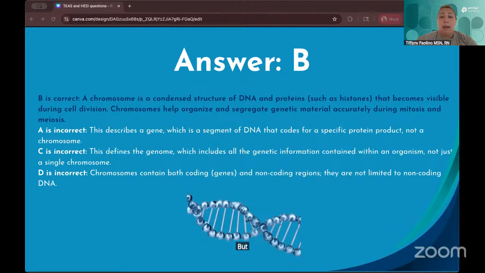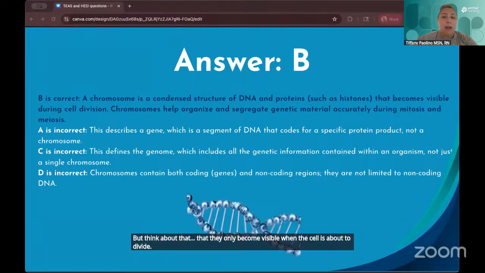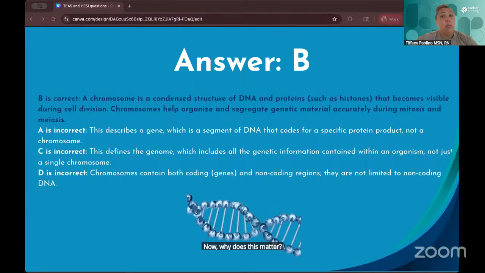But think about that they only become visible when the cell is about to divide. Now, why does this matter? Well, during processes like mitosis and meiosis, chromosomes ensure that genetic material is organized and segregated accurately. And it's vital for cell function and reproduction.